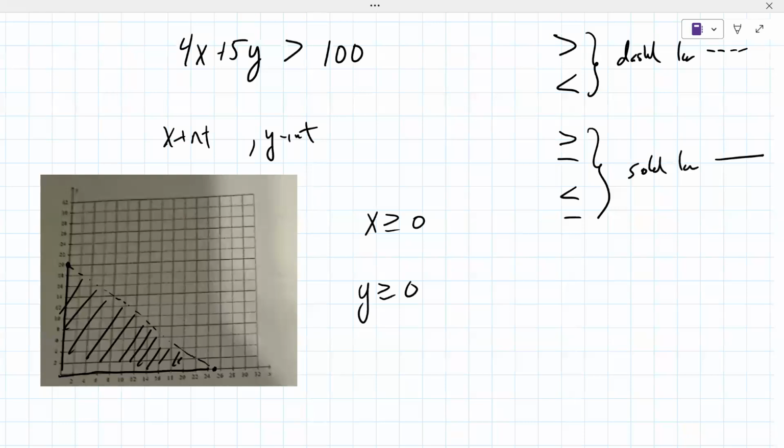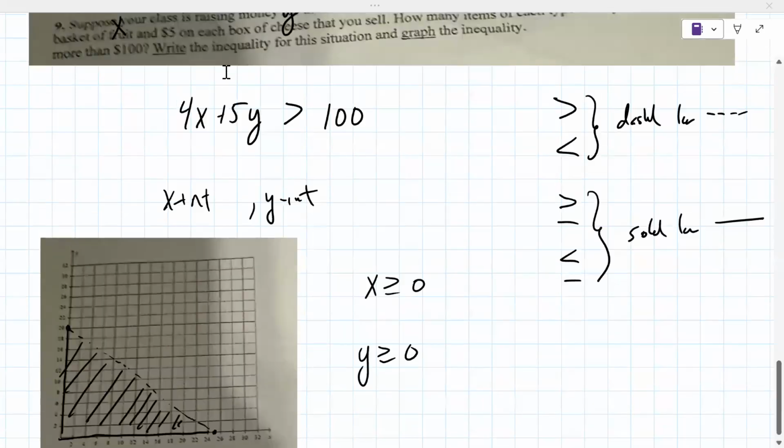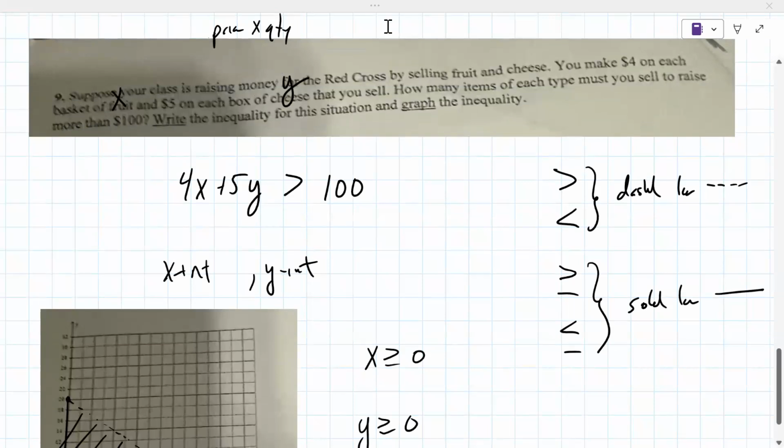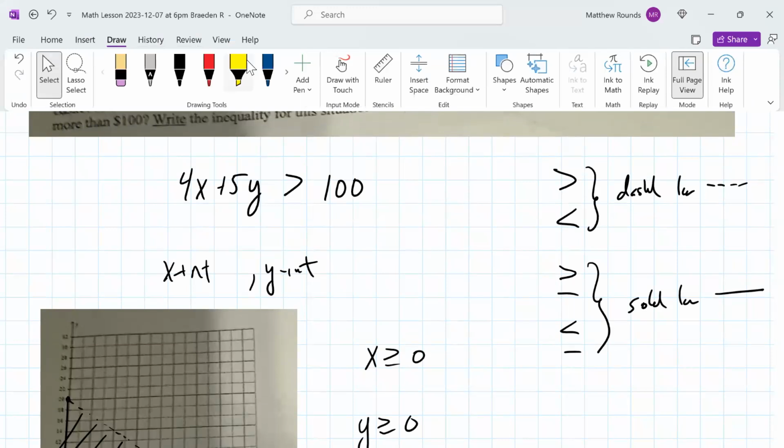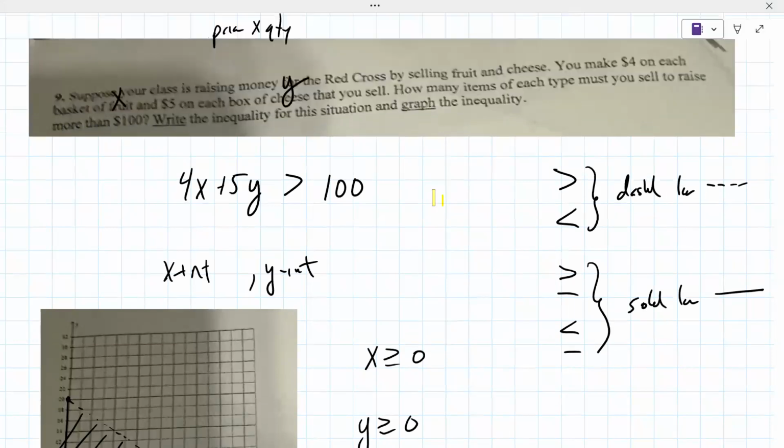For number 10. No, for number 9. It says how many of each type must you sell to raise more than $100. Oh, just like the minimum amount that you need to sell. Well, I get that, but an answer would be, for example, 26 baskets of fruit. Just looking for the intercepts.